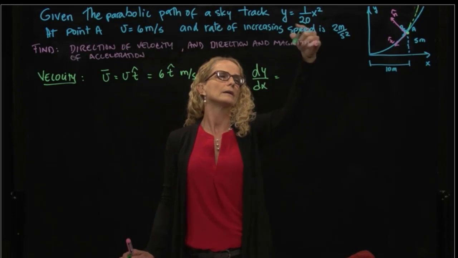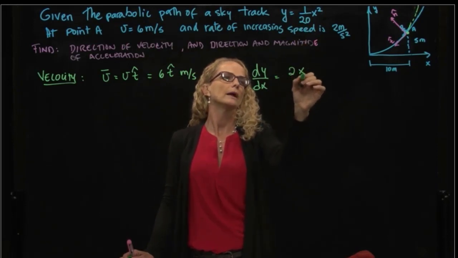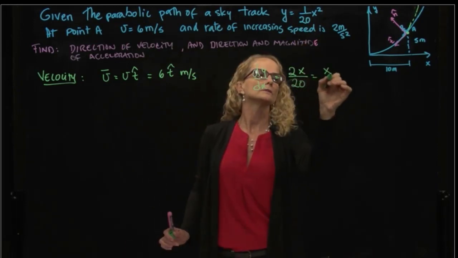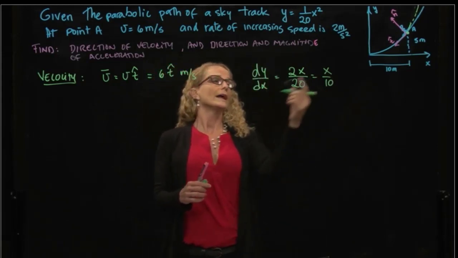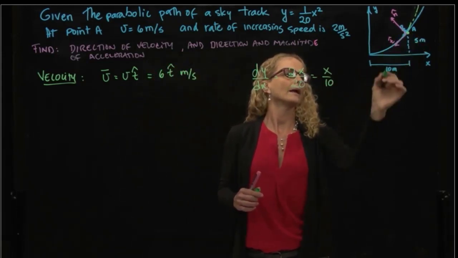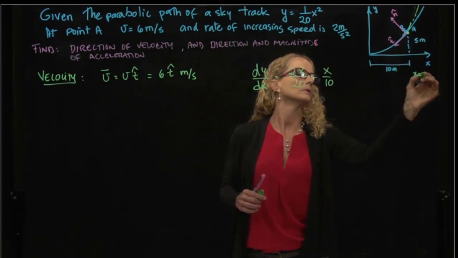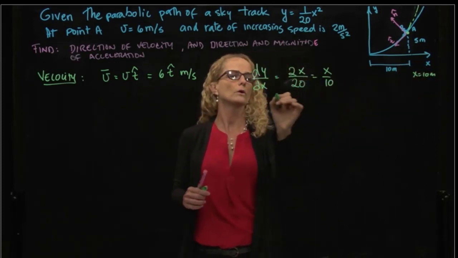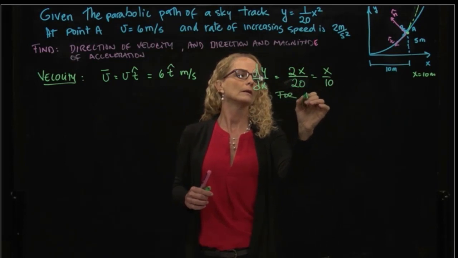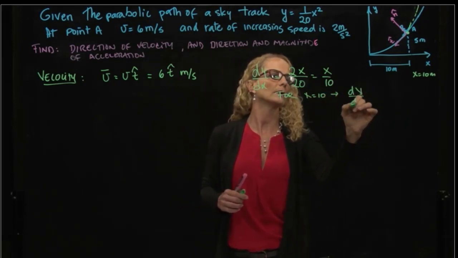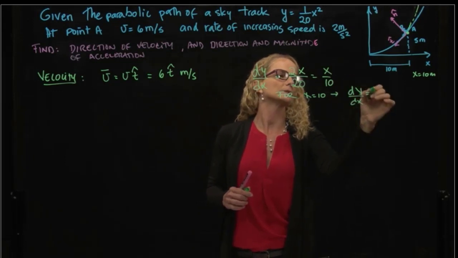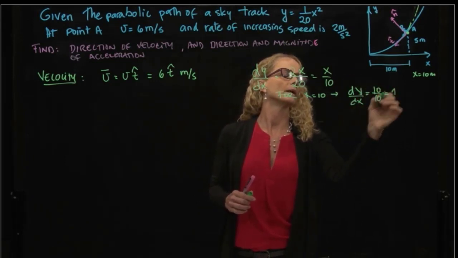If we differentiate, we get 2x over 20, which is x over 10. And we know that for that point A, x equals 10 meters. So for x equals 10, dy/dx is 10 over 10, that is 1.